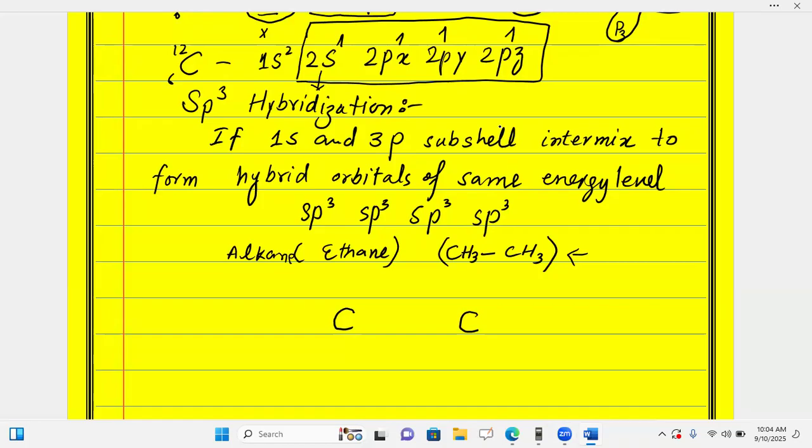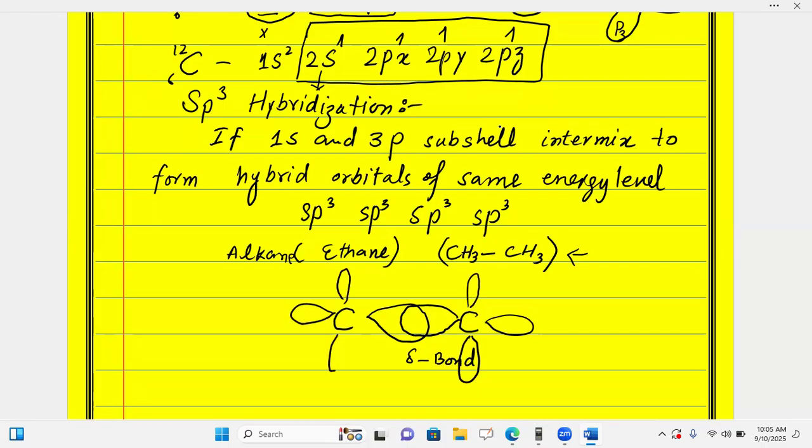When sp3 orbitals are present, they go towards head-to-head overlap, as we studied in the previous lesson, and a single covalent bond is formed, called a sigma bond. One sp3 from one carbon atom intermixes with an sp3 of the other carbon atom, and the remaining sp3 orbitals make their angles for hydrogen.